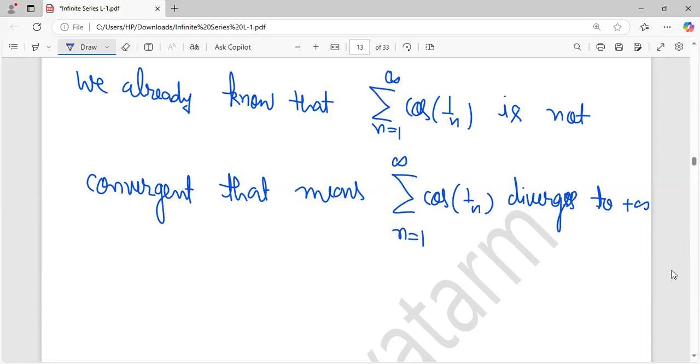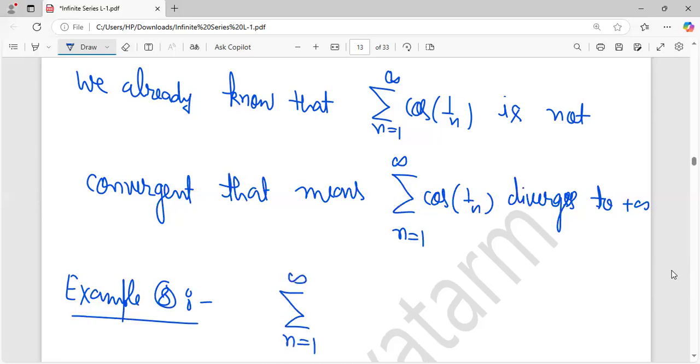Okay, now example 8, you see this summation n goes from 1 to infinity of (n+1)/n.